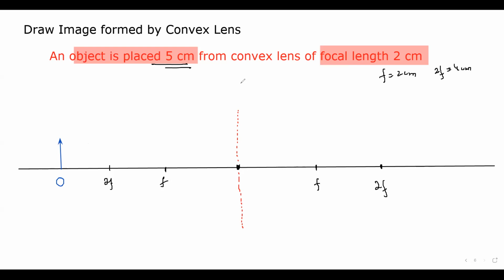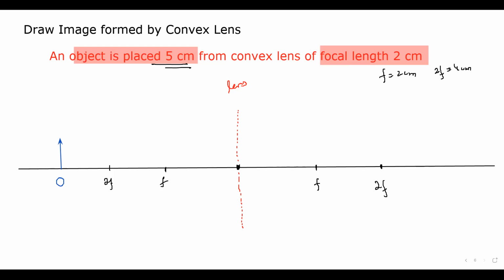So this is the position of the lens, here is an object. Everyone completed till this point?